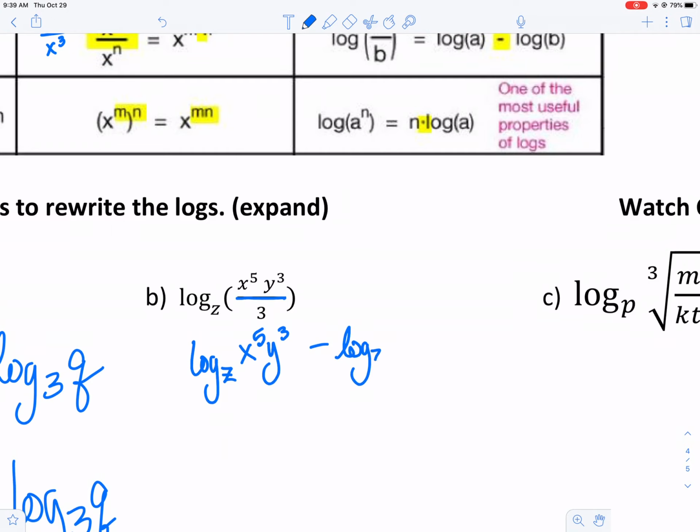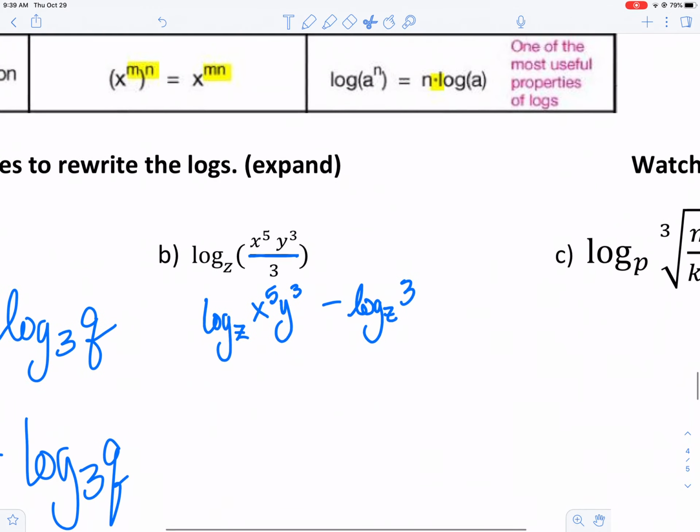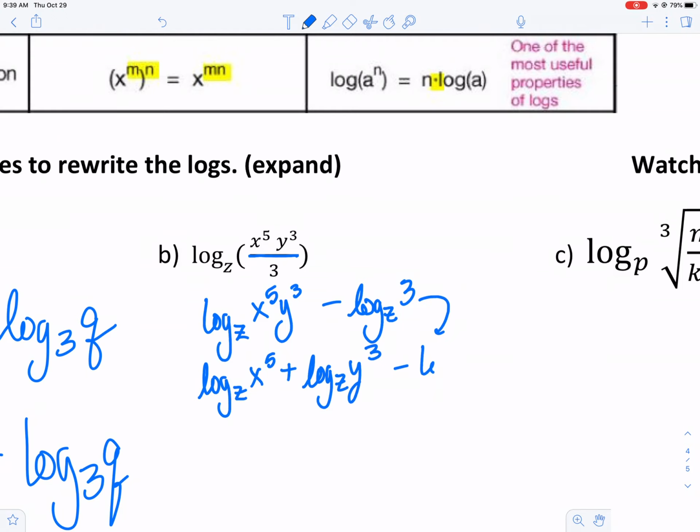Minus log base z of 3. I'm going to keep going because once again, this is a multiplication. So instead of multiplying, again, we're going to do our addition. So we're going to separate those. Have log base z of x to the 5th plus log base z of y to the 3rd. And then we bring that one down, minus log base z of 3.